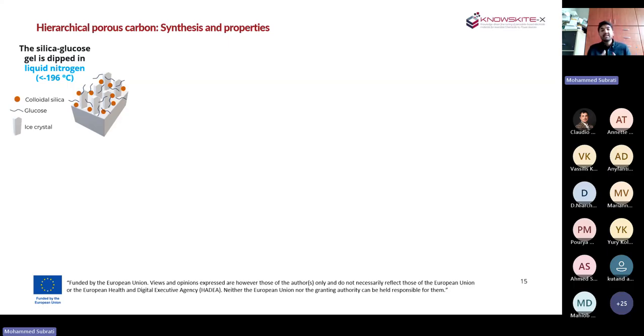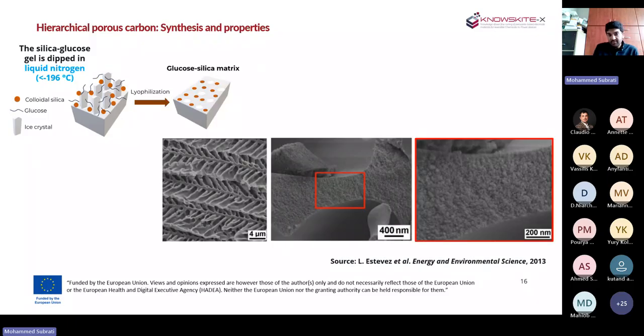Because it's flash freezing, the ice fronts propagate through that mixture as it freezes, and they act as a soft template rather than a hard template for the macropores. And then, as you may have already guessed, if you freeze dry it, lyophilization, you produce this beautiful structure.